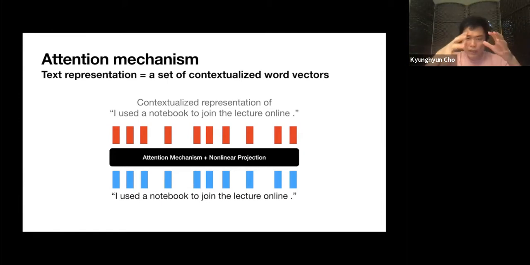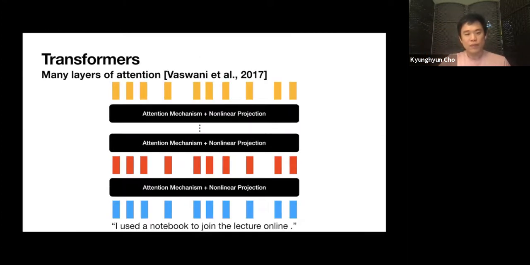So we use this attention mechanism to compute the contextual word vector of each and every word in this input sentence. And then the set or the sequence of these resulting contextualized word vectors is how we represent the meaning of this sentence.